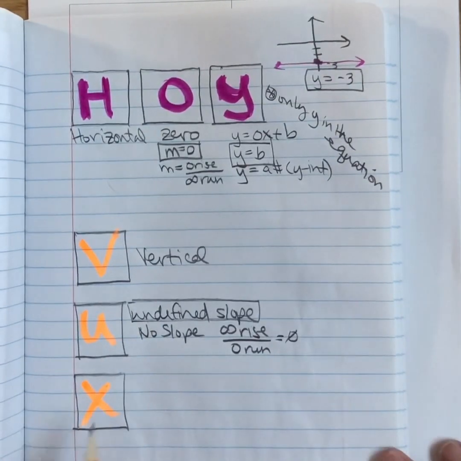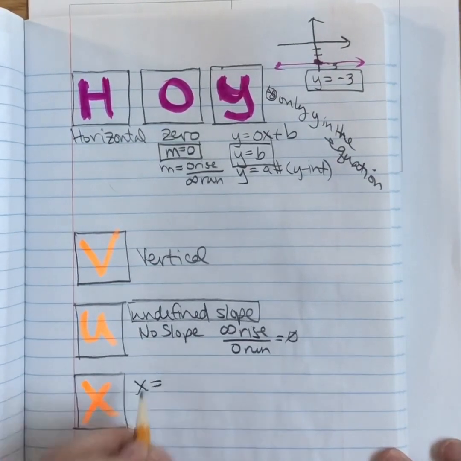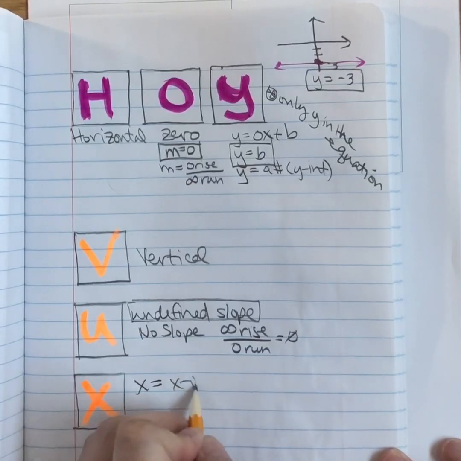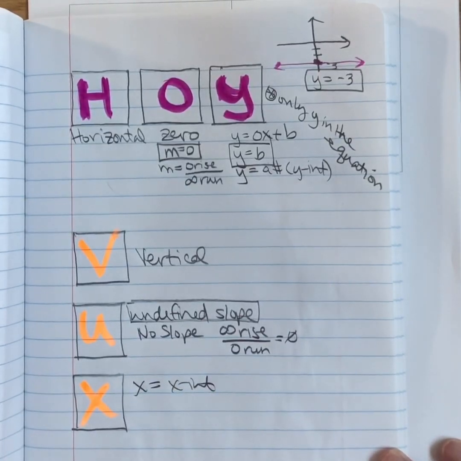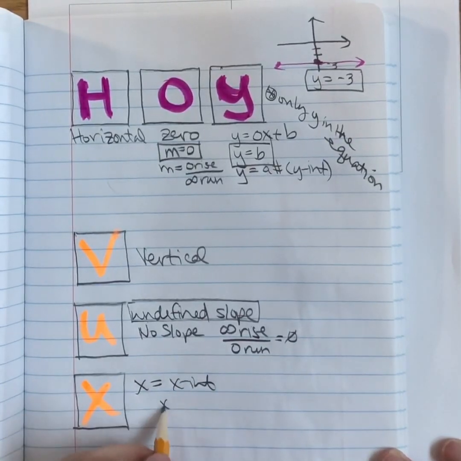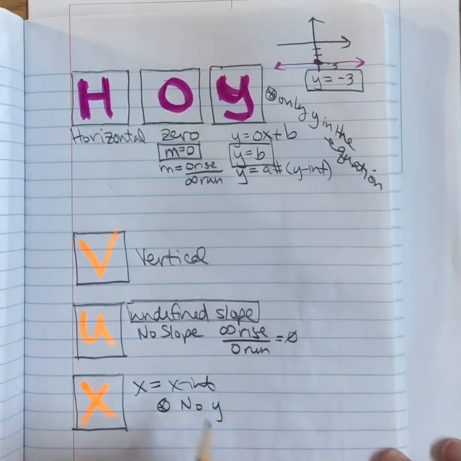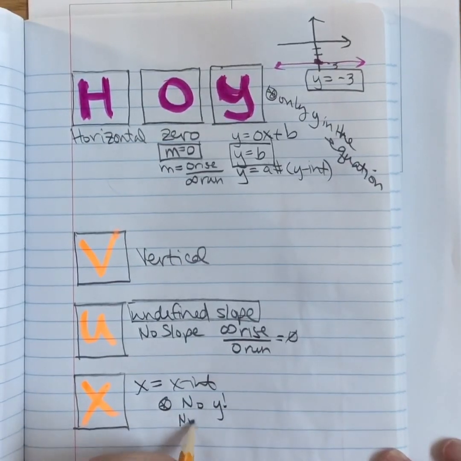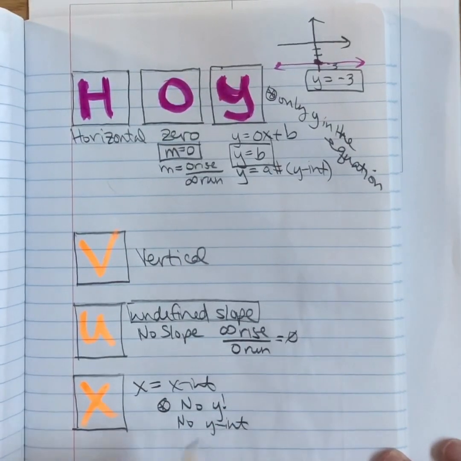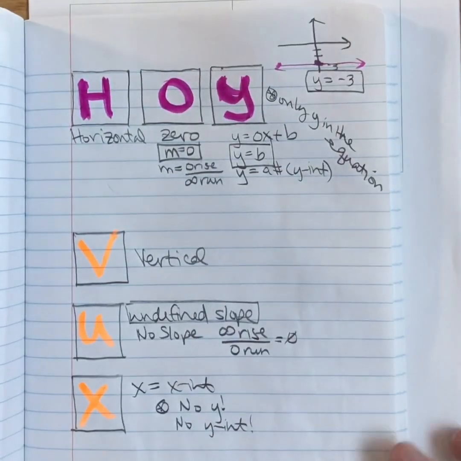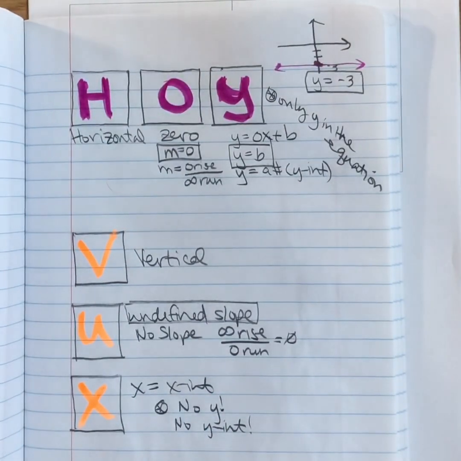Now the X basically just means it's going to be x equals the x-intercept, which we really haven't talked about. And in fact, there's no y in the equation, and there's no y-intercept, okay? And let me show you what that looks like.